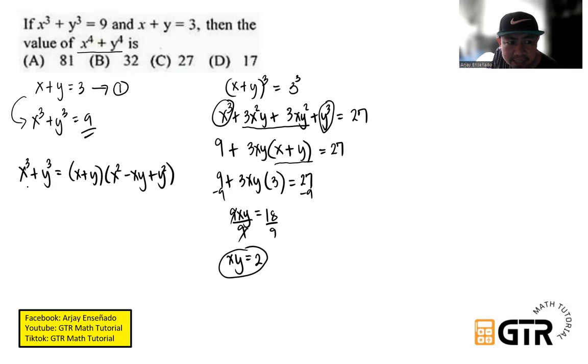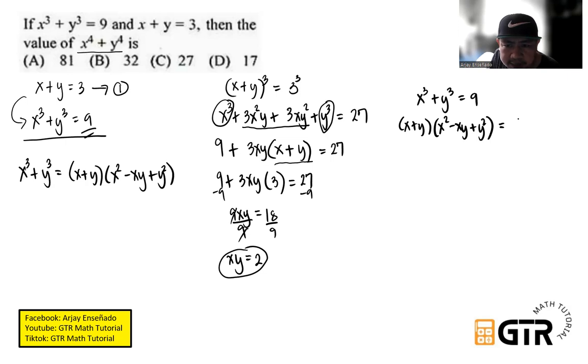This is an identity for the sum of 2 cubes. Let's substitute this into the equation x cubed plus y cubed equals 9. Substituting the identity, we have x plus y times x squared minus xy plus y squared equals 9.